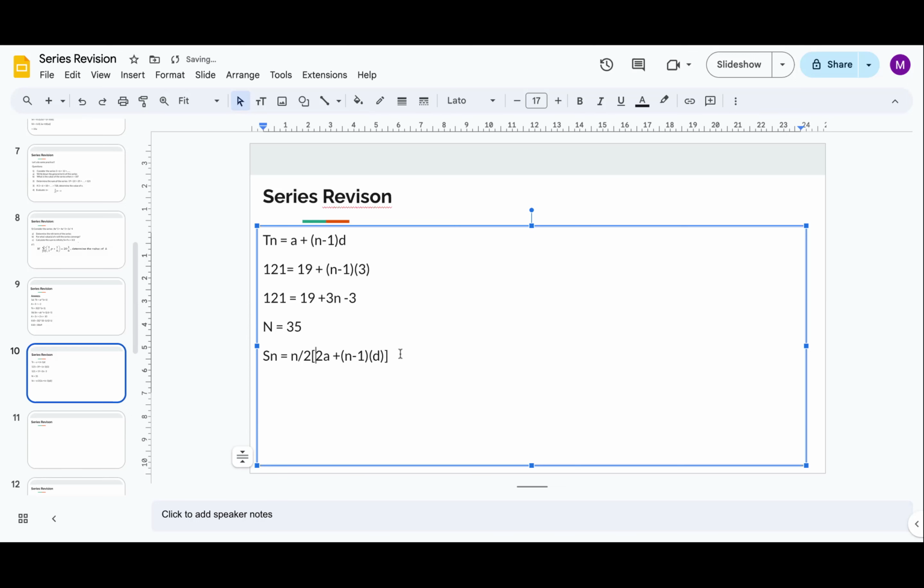Two sets of brackets there. We have everything we need. We know that n is 35, so S of 35 is equal to 35 over 2, open brackets, 2 times, what's the value of my first term? 19 plus 35 minus 1 times our constant difference of 3.